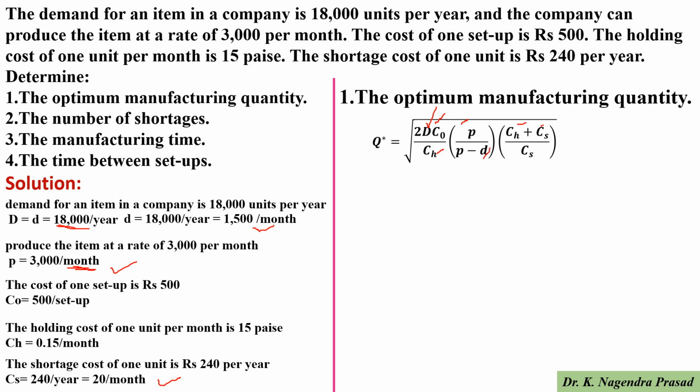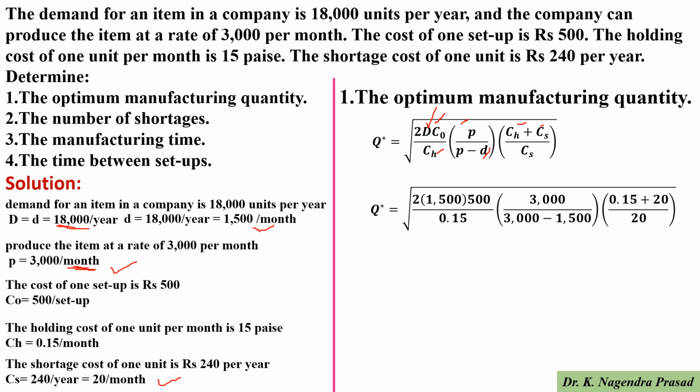Then substitute: Q star equals the root of 2 into 1500 into 500 divided by 0.15, into 3000 divided by 3000 minus 1500, into 0.15 plus 20 divided by 20. Then solve this, we will get the quantity is 4488.88 units. This is the Q star, the total optimized manufacturing quantity.